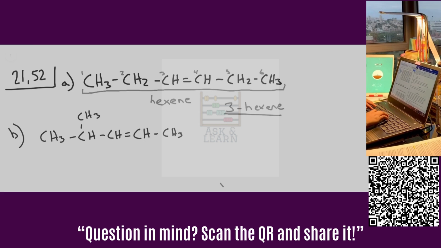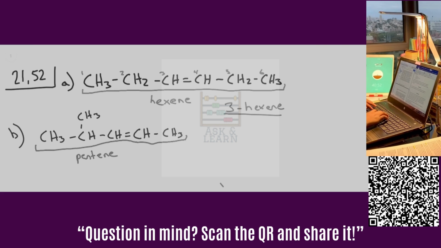So here we're going to go ahead and number our longest carbon chain, which is 5 carbons long here. And since it's 5 carbons, our prefix will be pent. And then it's an alkene, so ene, pentene. And then we have a substituent here, but we need to figure out which way we're going to number, from right to left or left to right.